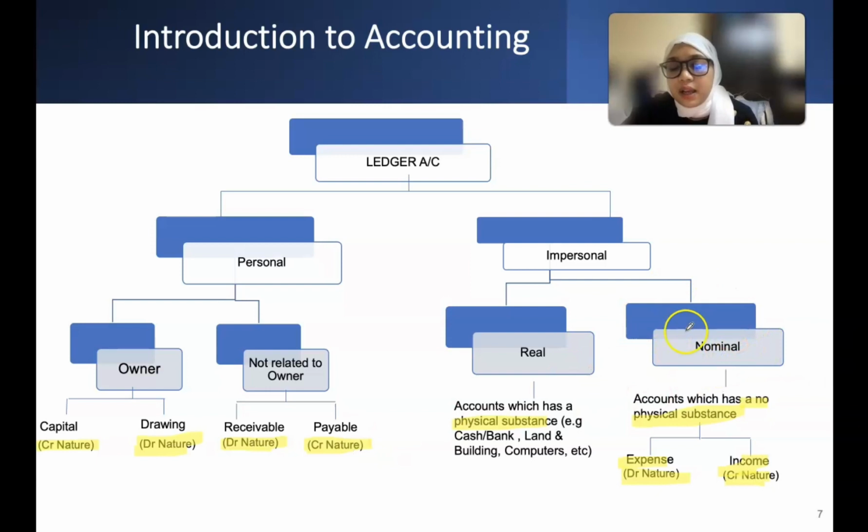Under nominal accounts, there are two types: expense and income. Expense is always a debit nature and income is always a credit nature. For the real accounts, what are the natures? I will explain in the next slide.